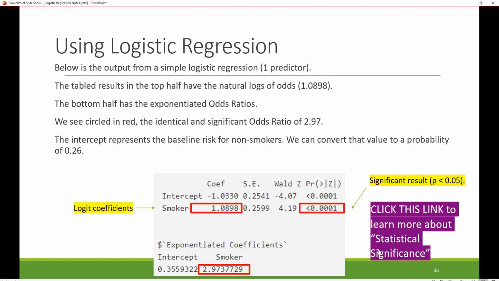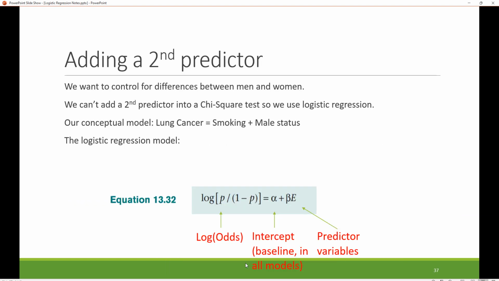You can click this link on the bottom right side to learn more about statistical significance. On the bottom, we have our exponentiated coefficients to give us what we call odds ratios. So we know smokers are about 3 times more likely to get lung cancer than non-smokers.